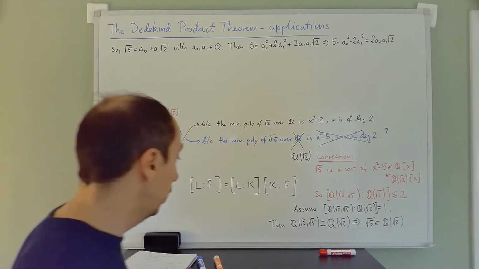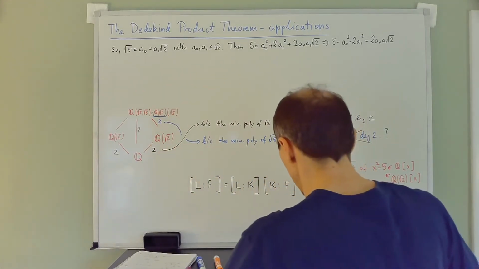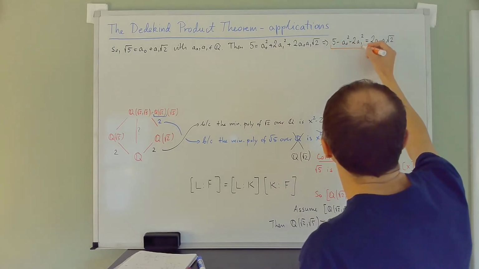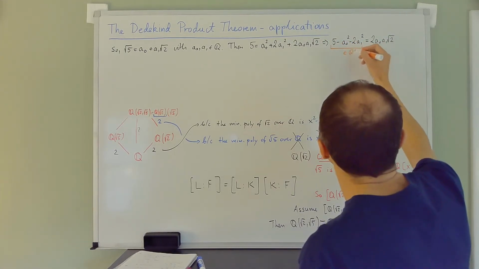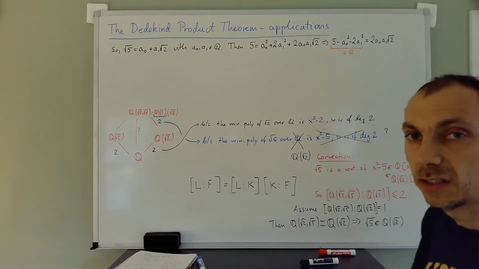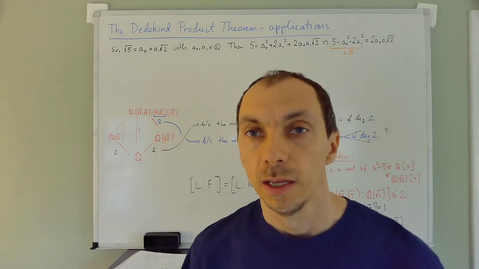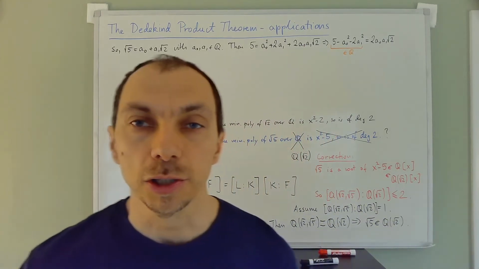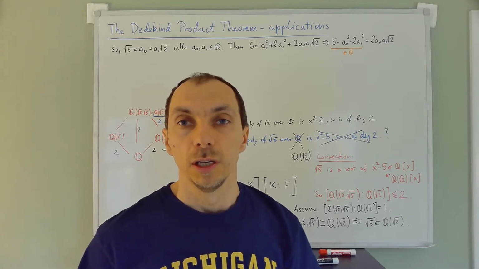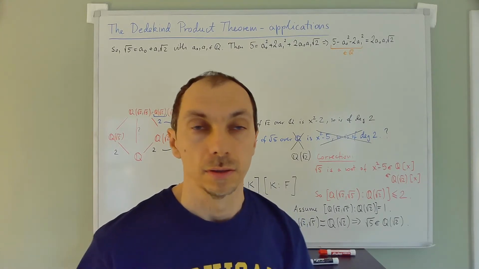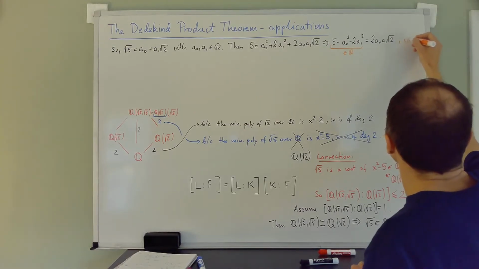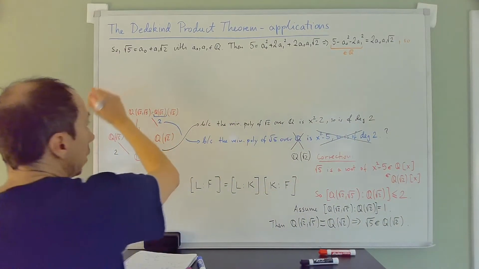Note that the left-hand side here is rational, because a0 and a1 are both rational. So the right-hand side must be rational. But I know that square root of 2 is not rational. So the only way the right-hand side could be rational is if it's 0. So I get that the right-hand side must be 0.